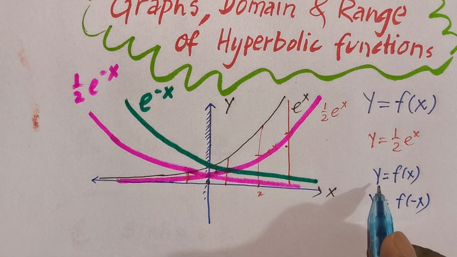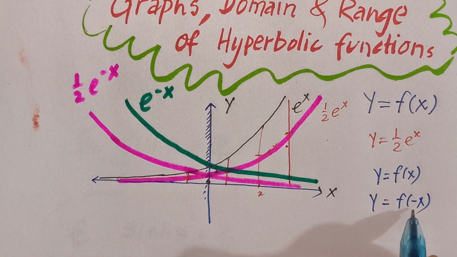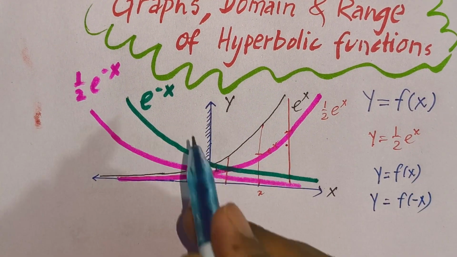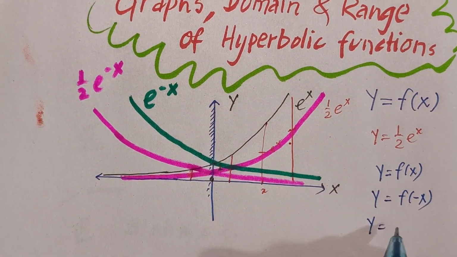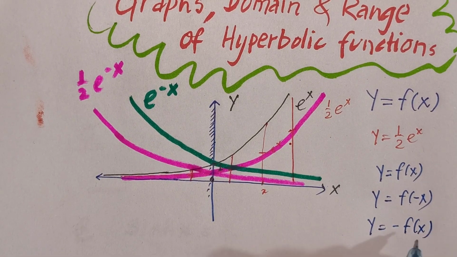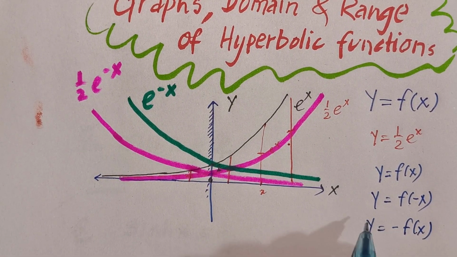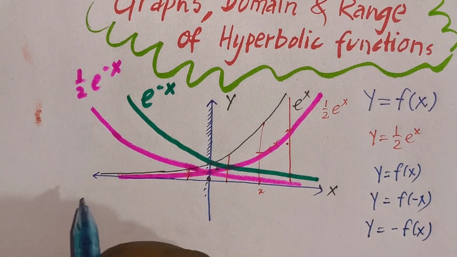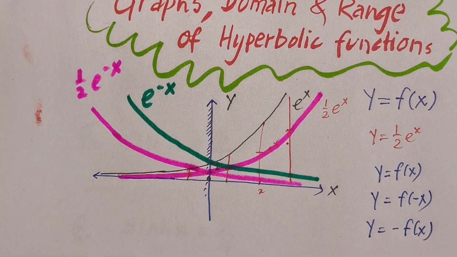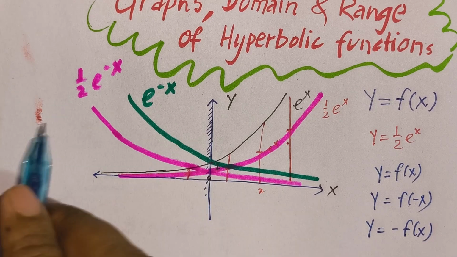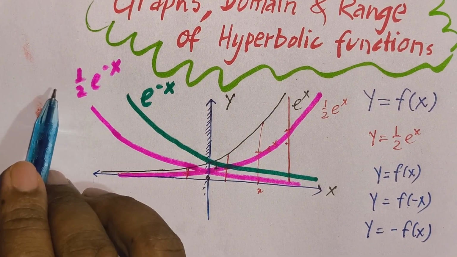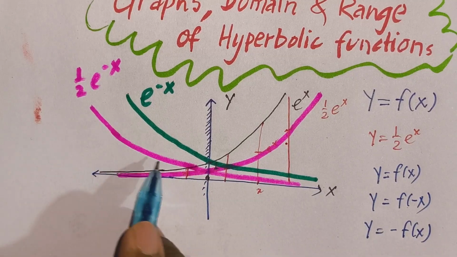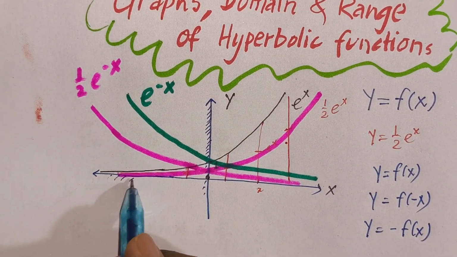So if we know y equals f of x, then y equals f of minus x is the reflection of that graph, treating the y-axis as a mirror. The graph of y equals minus f of x is the reflection of the graph of y equals f of x, treating the x-axis as a mirror. Suppose we want to know the graph of minus half e to the power minus x. This graph will be reflected, treating the x-axis as a mirror.